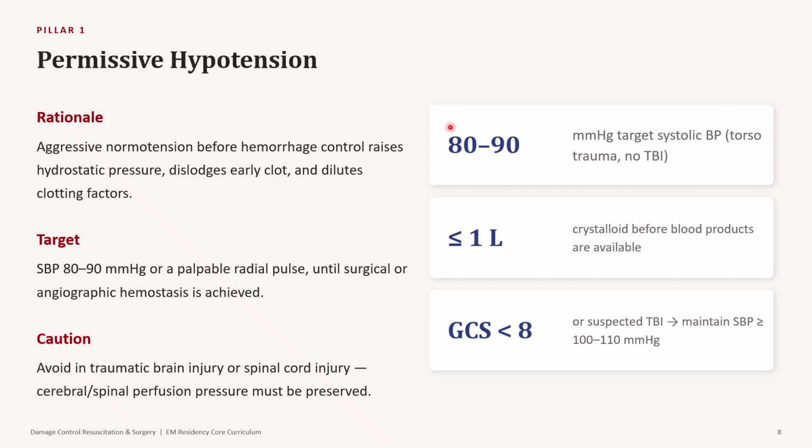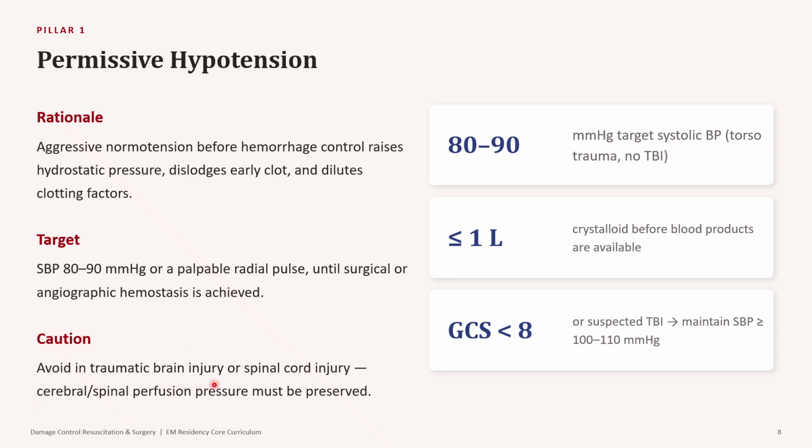The target BP of 80 to 90 millimeters of mercury systolic in torso trauma with no traumatic brain injury is the norm. Less than 1 liter of crystalloid before blood products. If the patient has a GCS of less than 8 or a suspected TBI, maintain systolic BP between 100 to 110 millimeters of mercury.